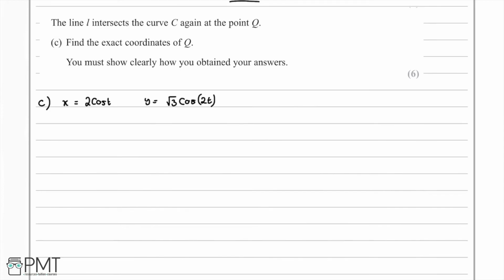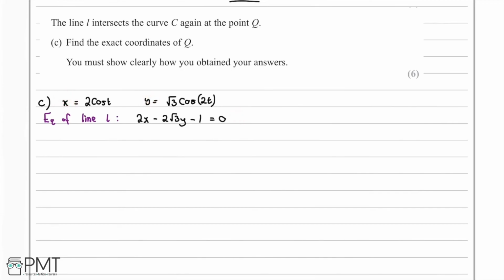The plan of action here is going to be to substitute x and y into the equation of the line which we solved in part B. So we recall that the equation of line L is 2x minus 2 root 3 multiplied by y minus 1 is equal to 0. What we'll now do is substitute x and y into this equation.